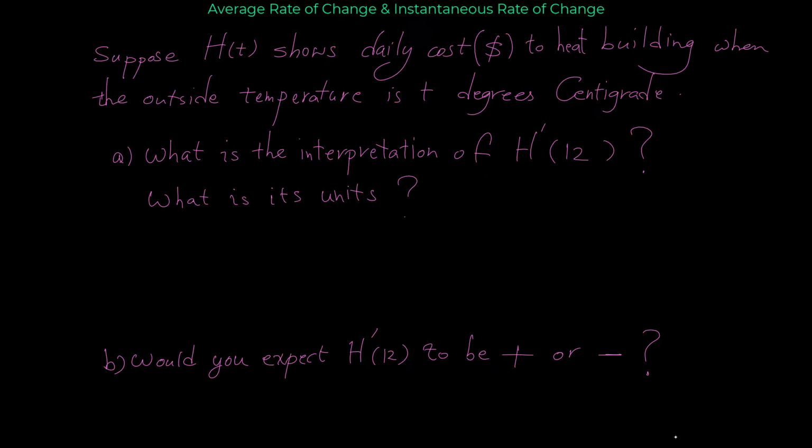The first question is this: what is the interpretation, or what is the meaning of h prime at 12, h prime of 12? What is the meaning of this? You can pause the video, try to write the answer for yourself for this part of the question, and then continue watching the video.